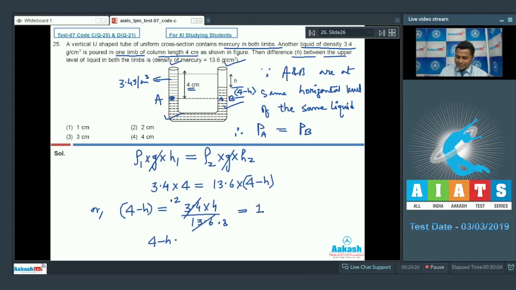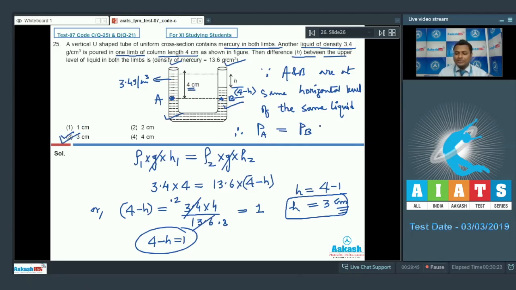So 4 minus H gets you the value 1. As a result, H equals 4 minus 1, that is 3 centimeter. The height H, we have got 3 centimeter. Therefore, if we see the option, we'll find that option number 3 is absolutely correct, and we will go with option number 3.